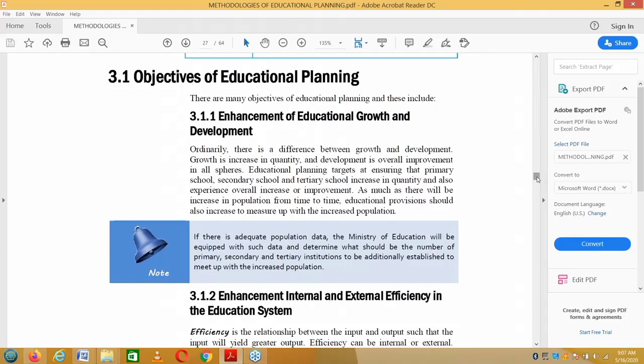It should enhance expansion, putting in mind the growth in the population from time to time. It also needs to look at increment in the quality of education, not just increase in the quantity, the type of educational provision that is supposed to measure up with the increase in the population.